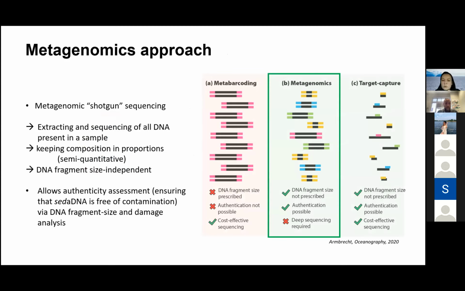But it's also useful because it keeps things in proportion, so we can look at the data semi-quantitatively later on. And also important is that it's DNA fragment size independent, so we can look at fragment size distribution, frequency distribution, and look at the DNA damage later on as well.